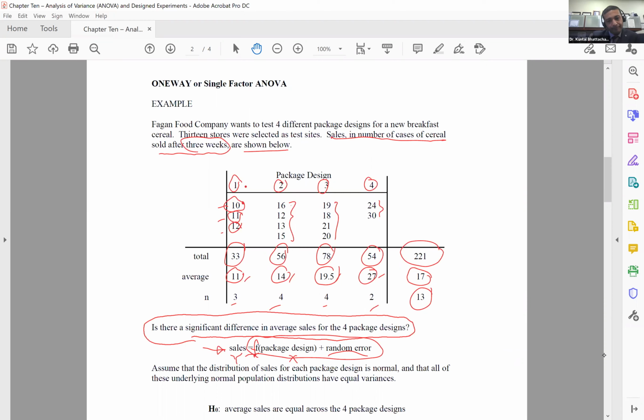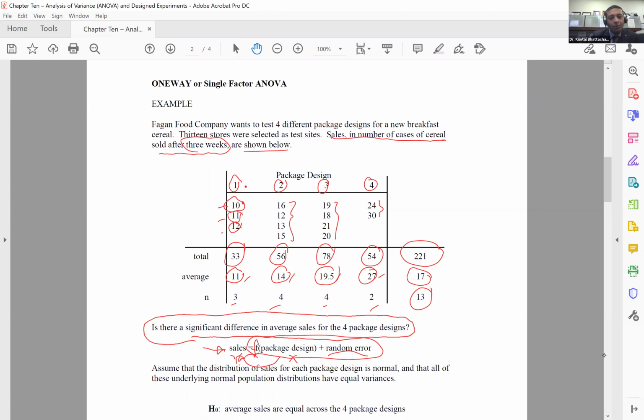What I'm capturing number wise, numerically, is only what is happening from package design. There can be multitude of other factors that are also impacting sales. I'm only looking at the package design piece of the puzzle. So, is there a significant difference in average sales for the 4 package designs? And this was a discussion that we were having in the last class.